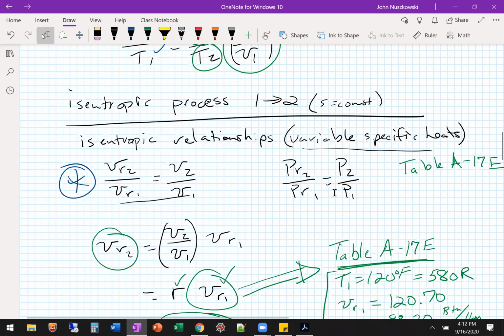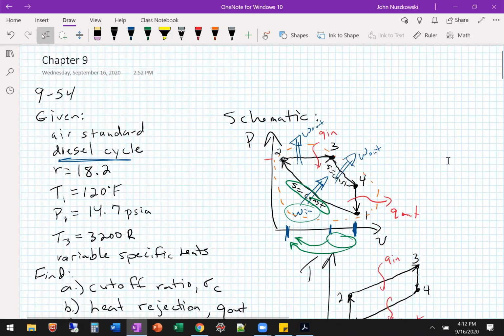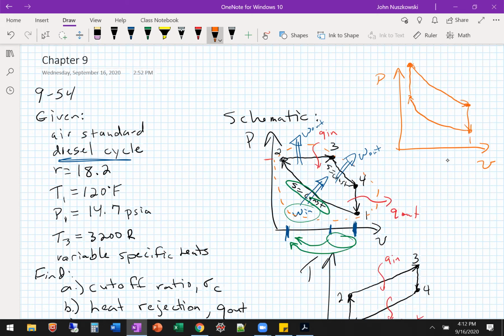The other difference is if we had the Otto cycle, it looks like this, and it's simpler to analyze because the heat addition process from 2 to 3 is at constant volume.